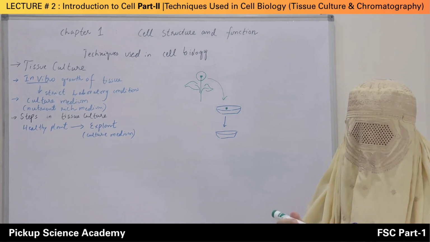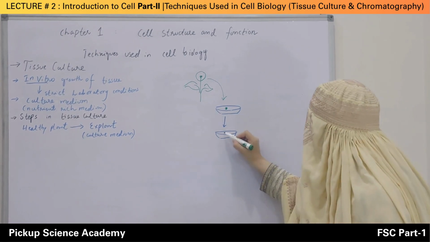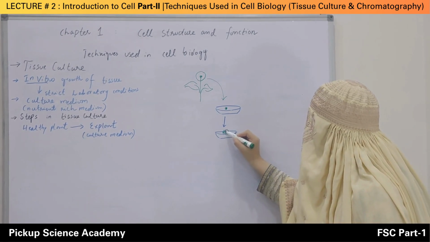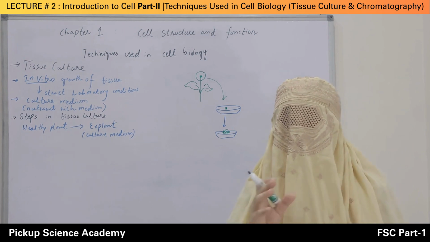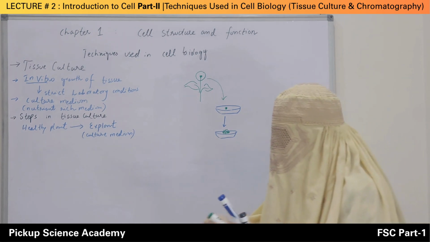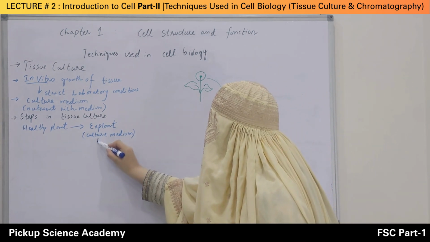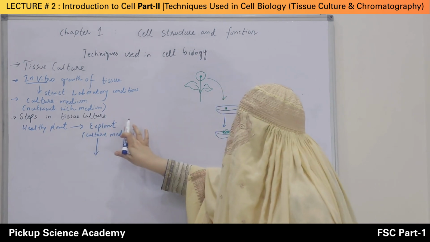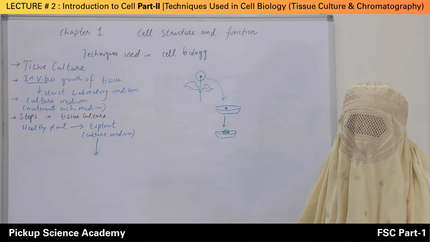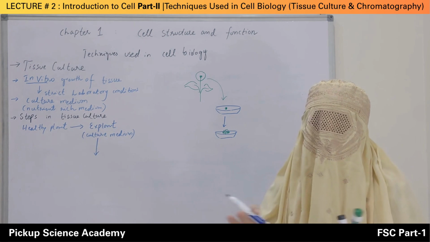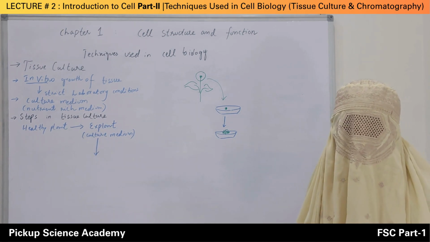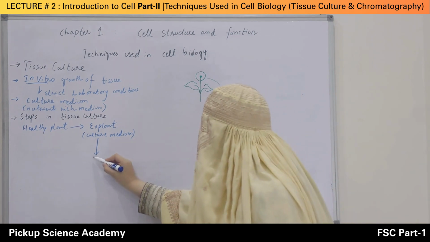The cells in this tissue will start division and form a mass of loosely arranged cells which is called callus. So this explant will start division and this tissue will be converted into a loosely arranged mass of cells, and that is called callus.